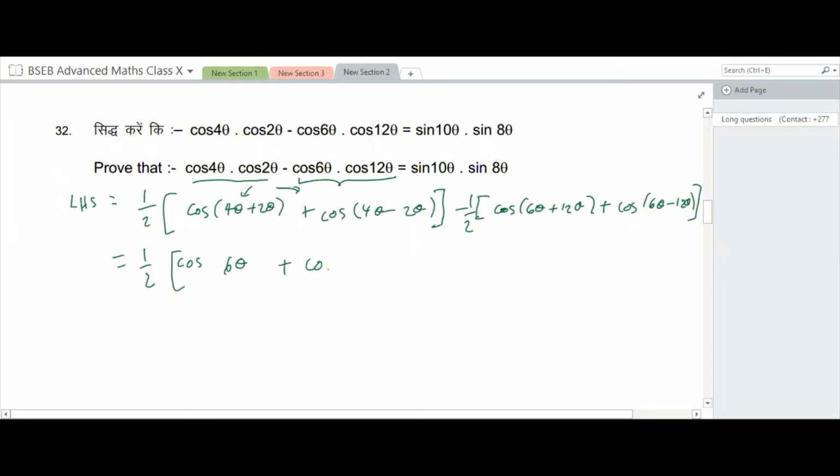plus cos 2 theta, minus half into cos 18 theta plus cos 6 theta, which is negative 6 theta, which is equal to cos of 6 theta.